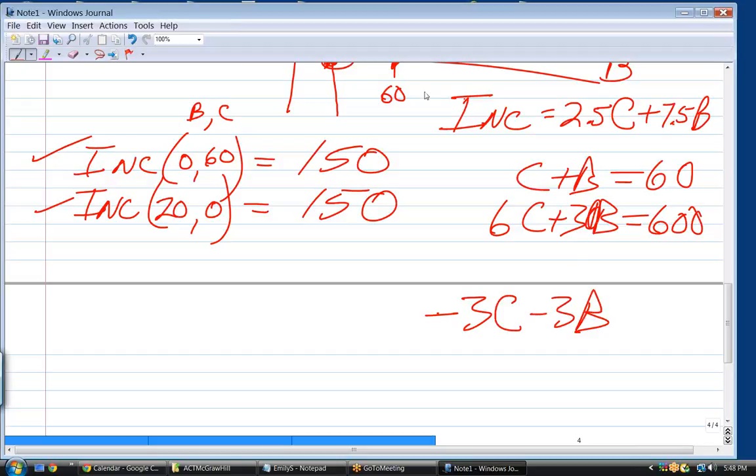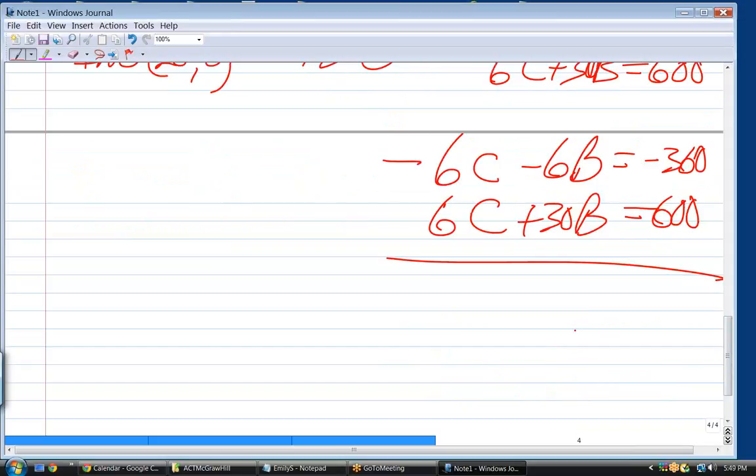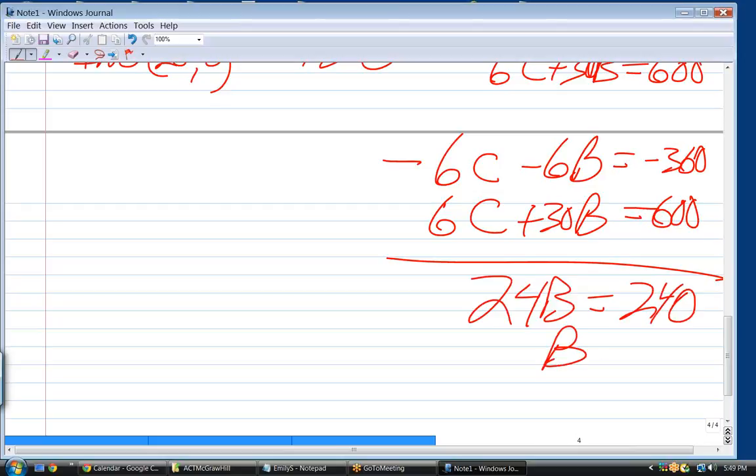Hold it, this is 30. Let's multiply the top equation by -6. We don't need to do anything to the bottom equation. Now I can add those two together, and I get 24B equals 240, so B equals 10.